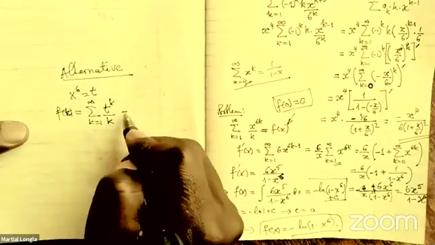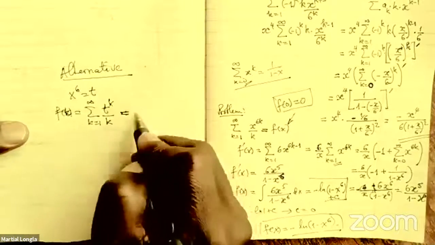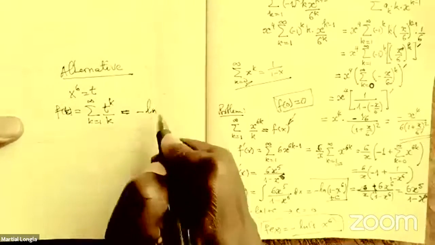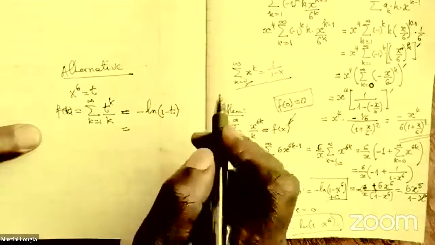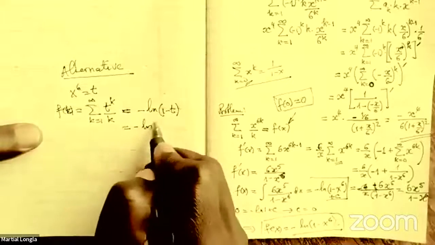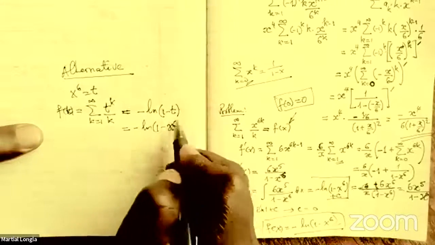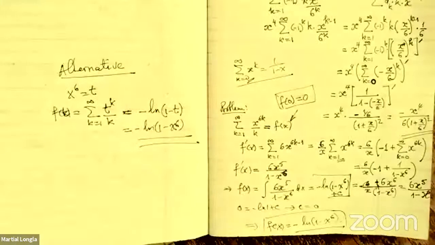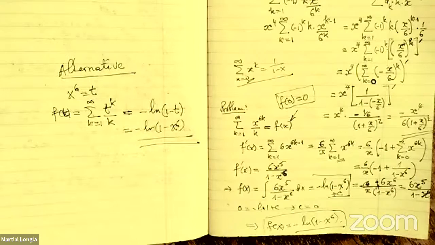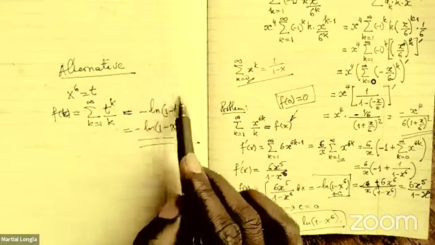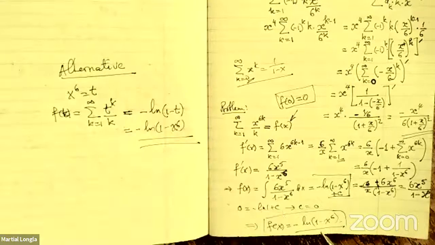And we already did this in class and we figured that's negative natural log of 1 minus t. And t is x to the power 6. You would have got that same answer that I got here. But this answer uses a fact from the class notes, and this answer is straightforward without any extra knowledge from the class notes.